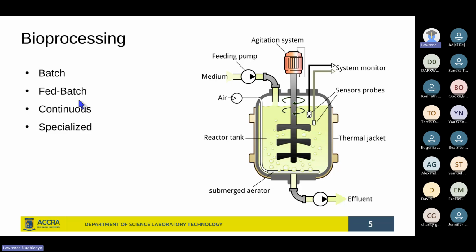Then there can also be some very specialized systems. Depending on a particular product being produced, various industries will have specific systems which they use. These are engineered by multidisciplinary teams.